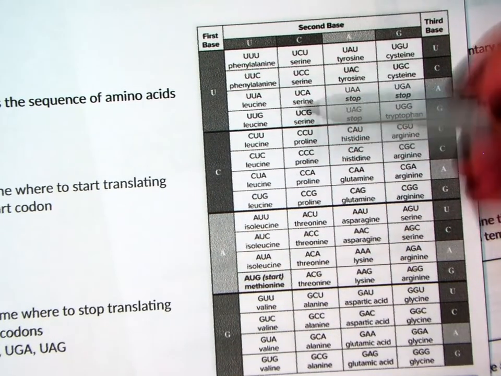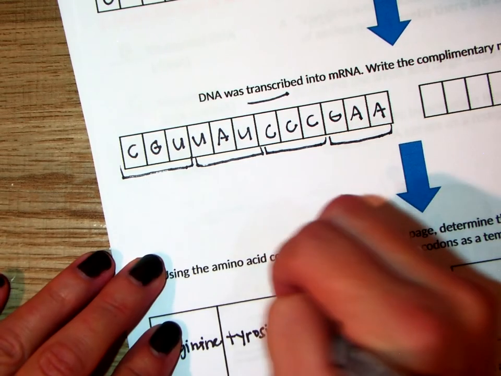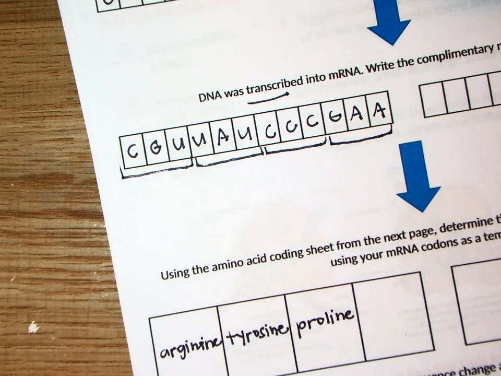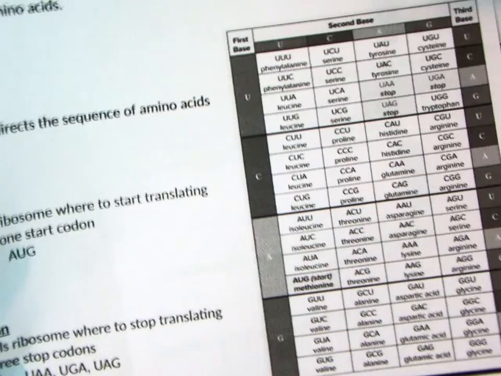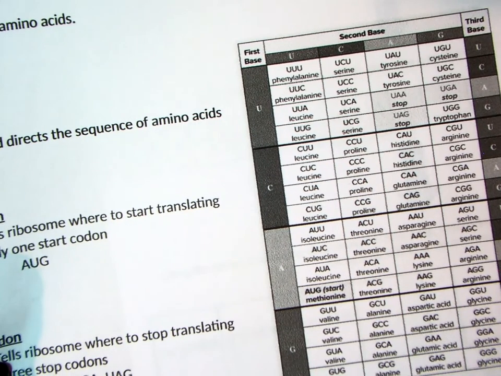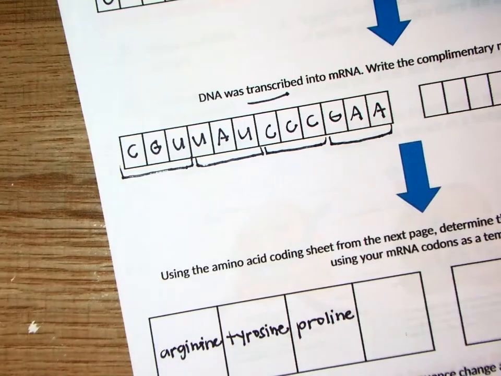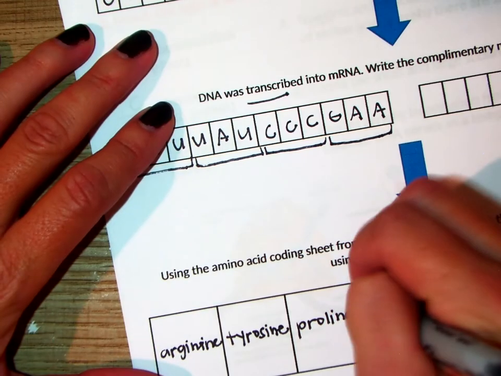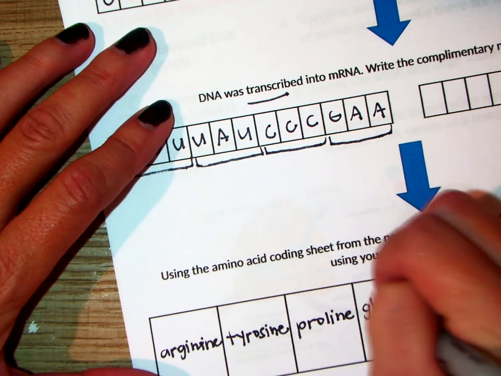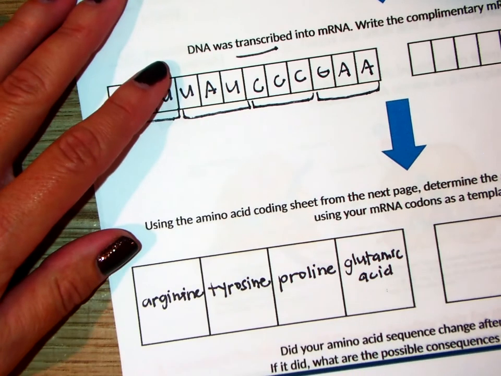CCC, that's proline. And our last one is GAA. GAA, glutamic acid. Alright, so there's our sequence of amino acids.